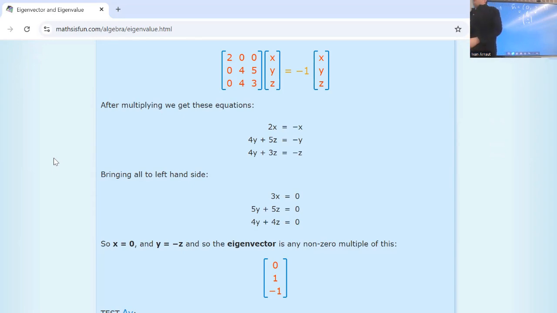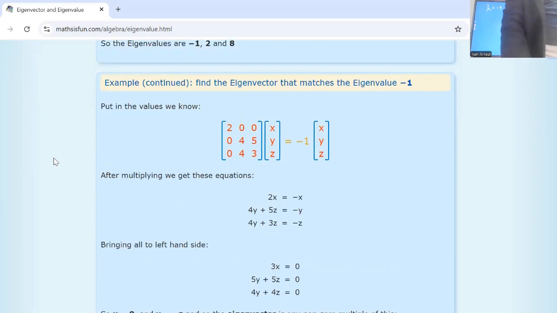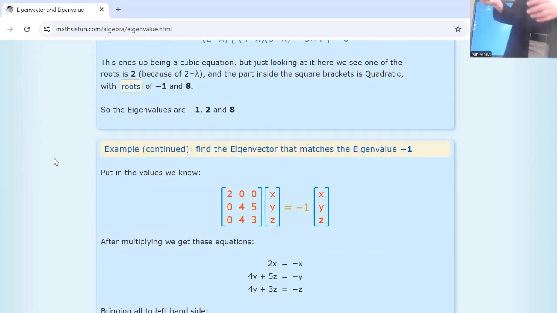Now you repeat the same operation for the others. The second eigenvalue, what is the second eigenvalue? 2. Second eigenvalue is 2. Then you have to repeat the same story: second eigenvalue, second vector.